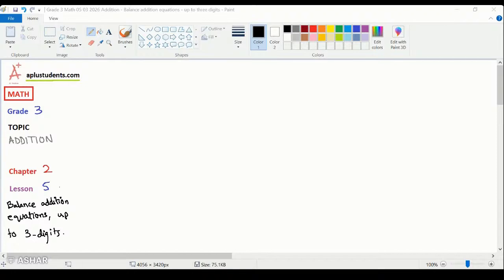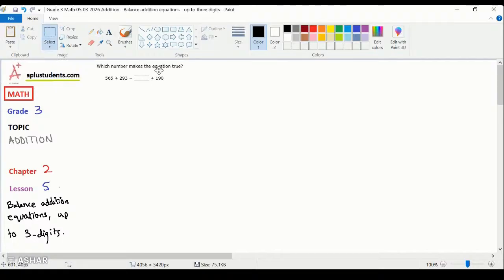Okay. So the first question that we have says, which number makes the equation true? What they are giving us is the left hand side of the equation. Equation means some values on the left side and some values on the right side.